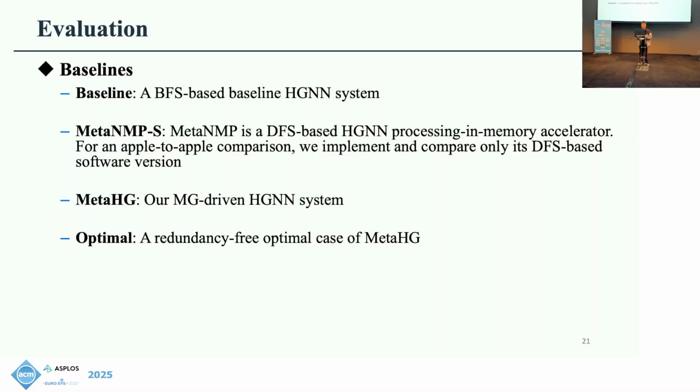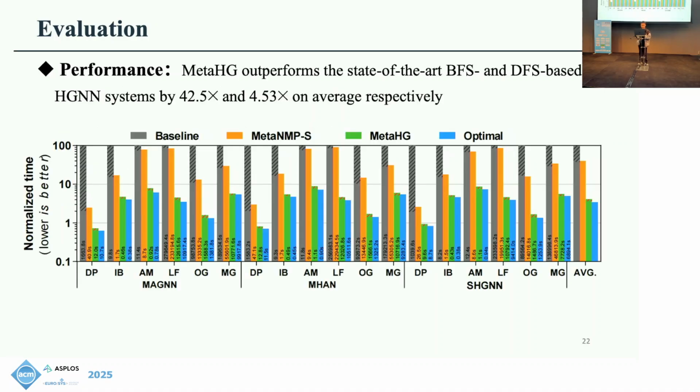The first baseline is a BFS-based HGNN system, and the second is MetaNFGS, a DFS-based HGNN system, and the third is our MG-driven HGNN system. Results show that we can achieve 42 times and 4.5 times improvement compared to the baseline and MetaNFGS.